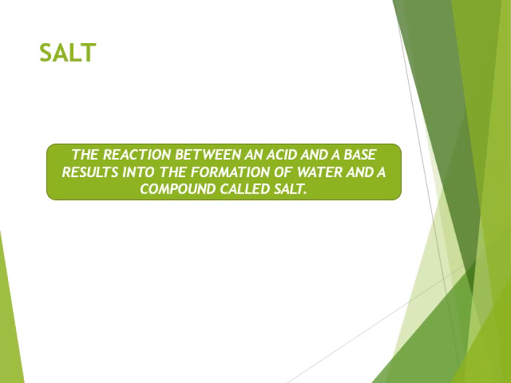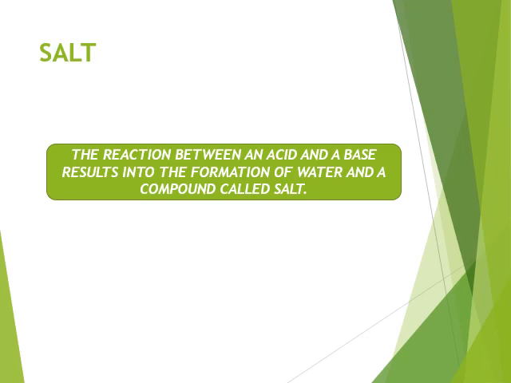So now we have learned that when an acid is mixed with a base, both of them react to form water and a new compound which is called salt along with the evolution of heat, and this process is called neutralization. The salt that we add to our food is sodium chloride and it is formed by the neutralization reaction between hydrochloric acid and sodium hydroxide.